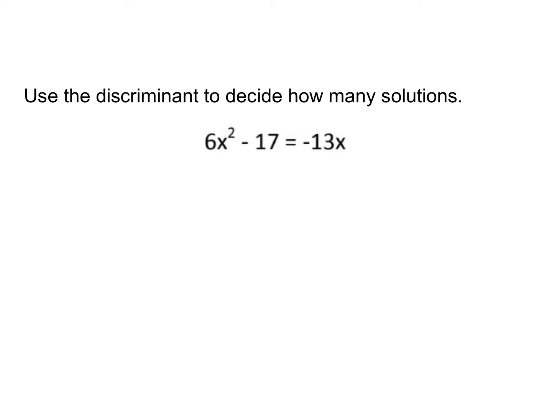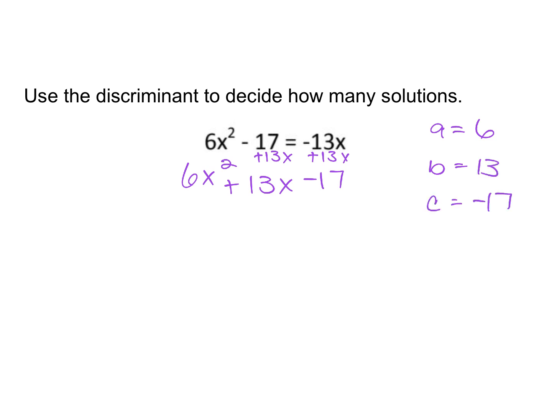All right, last but not least, we do have to manipulate this one as well. So I'm going to get it into standard form. So we'd have 6x squared, and I'm going to add that 13x, plus 13x minus 17. So a is 6, b is 13, c is negative 17. So b squared minus 4ac.